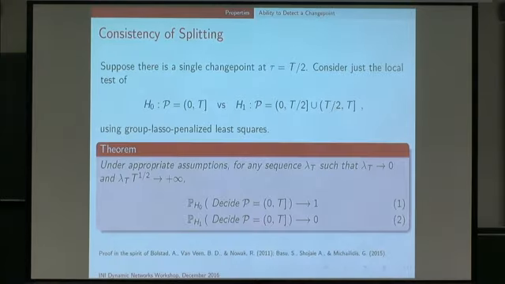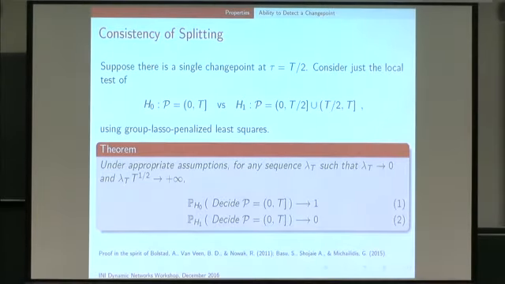Okay, all right. So here's a very simple statement. The proofs are in the spirit of some of the work that George and colleagues have done, or Rob Nowak and his folks have done. Suppose I'm just looking for a single change point at time t over 2, right in the middle, so it's perfectly set up for dyadic type partitioning. I'm testing either that there's no change point, meaning my partition is just the interval 0 to t, or that there's one change point at that particular spot.